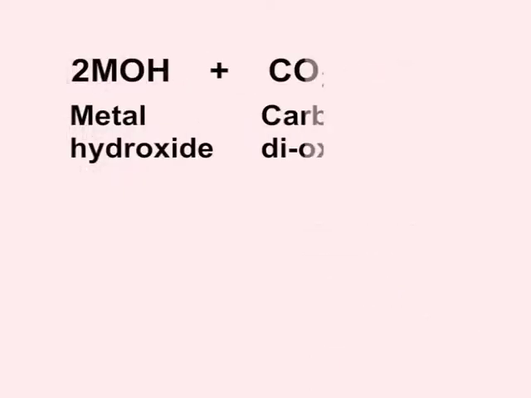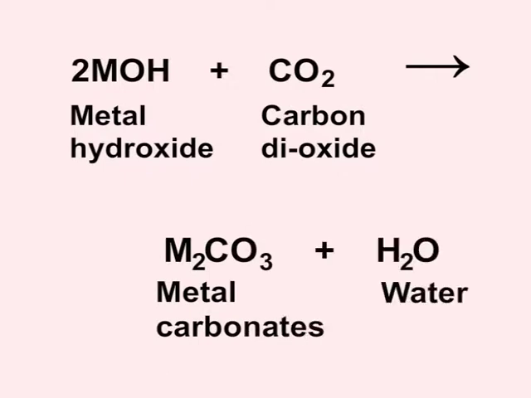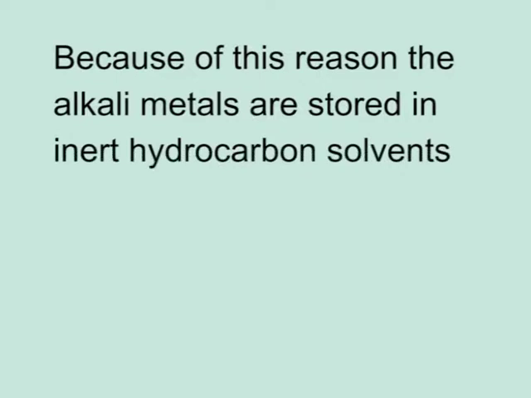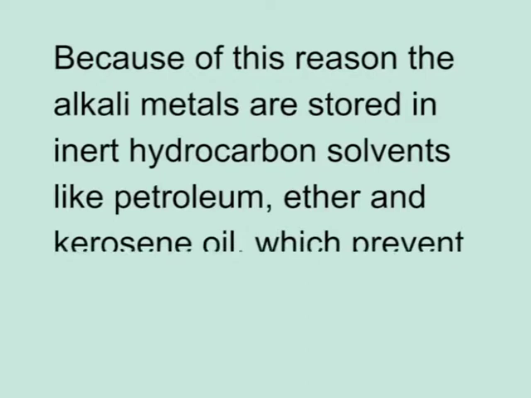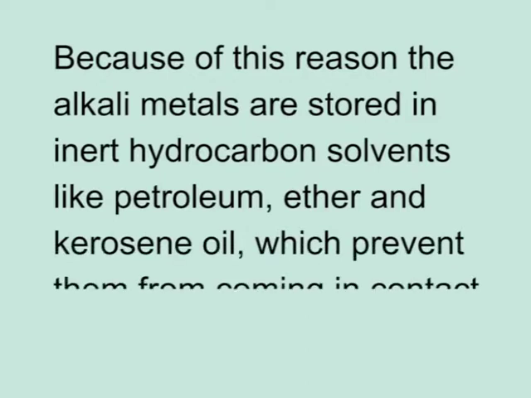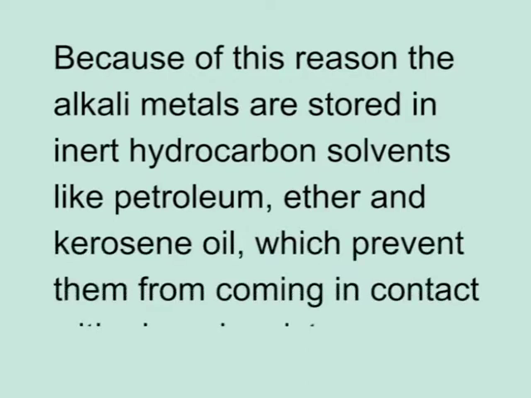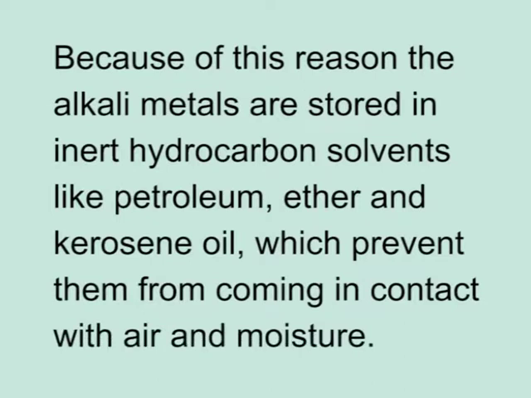Metal hydroxides react with carbon dioxide to form metal carbonates and water. Because of this reason, the alkali metals are stored in inert hydrocarbon solvents like petroleum ether and kerosene oil, which prevent them from coming in contact with air and moisture.